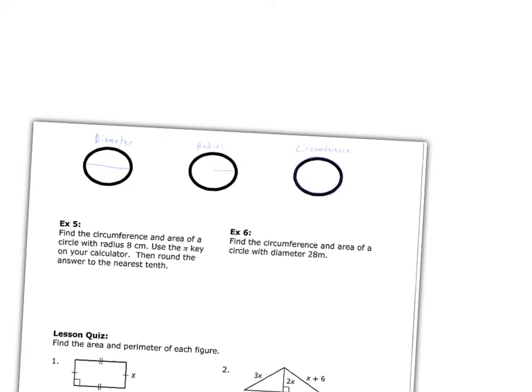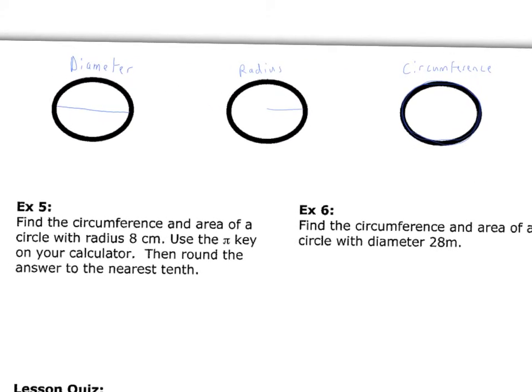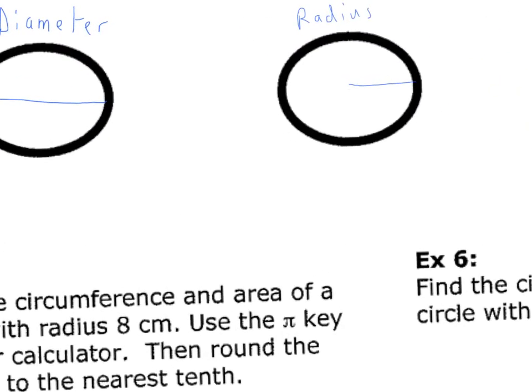Now we need to establish some formulas. If you want to find the area of a circle, the formula is pi times the radius squared.